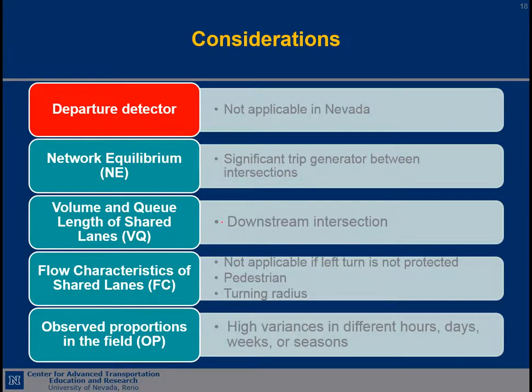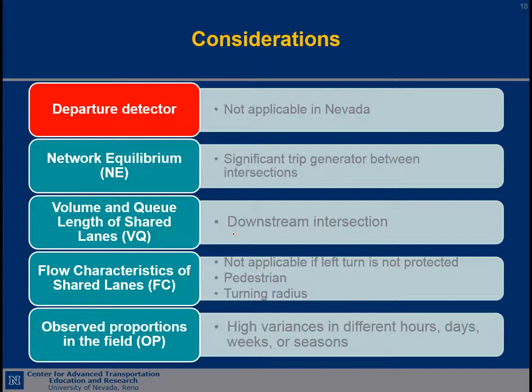The next method is applicable if there is not a downstream intersection close to our study intersection, because sometimes vehicles don't want to turn at this intersection, but they want to turn at the next intersection.